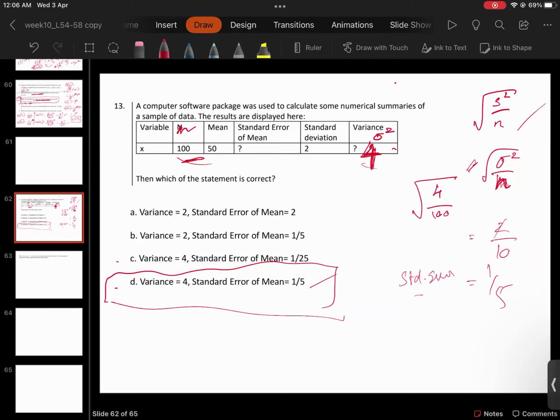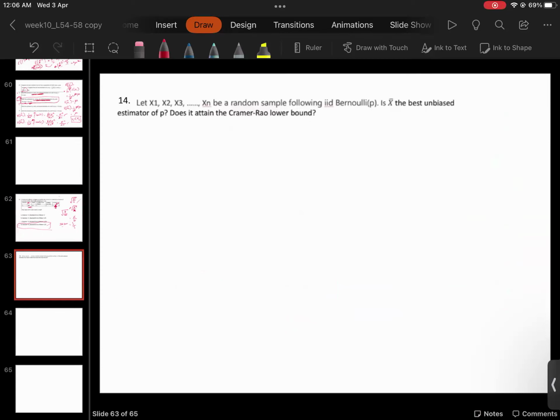And then we have one final question, like about Cramér-Rao lower bound. Like how do you calculate that? So let x1, x2, x3, xn be a random sample following Bernoulli's distribution.